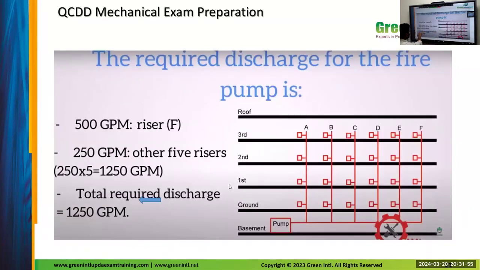Actually, 1250 plus 500 is 1750 here. It's exceeding. We cannot consider this system as one single standpipe system. Correct the sketch, remove 2 risers, otherwise it will be confusing. Okay. Total required discharge will be 1250.